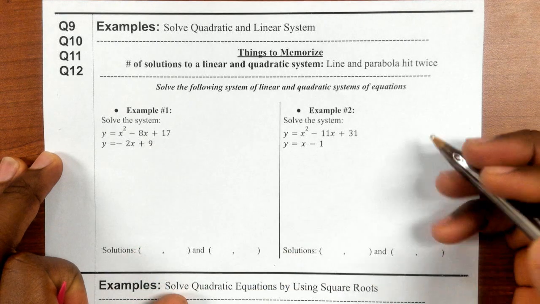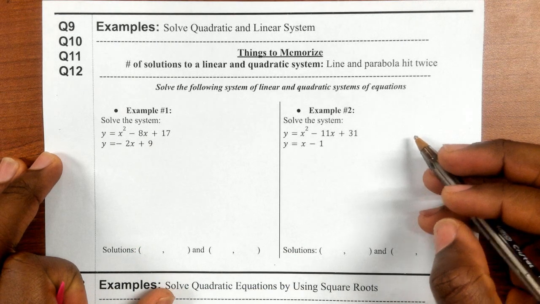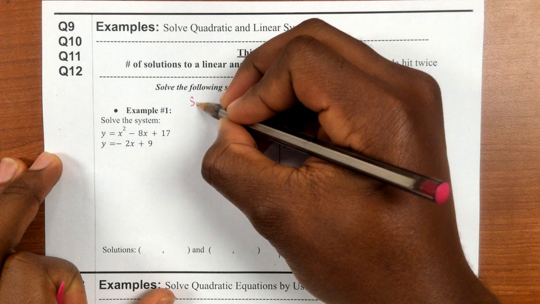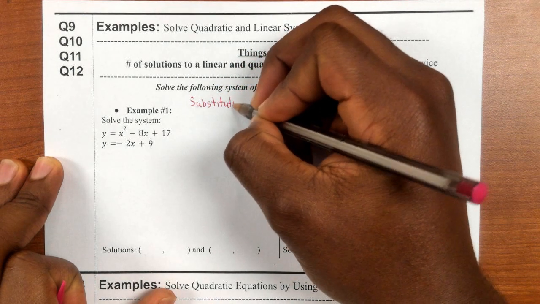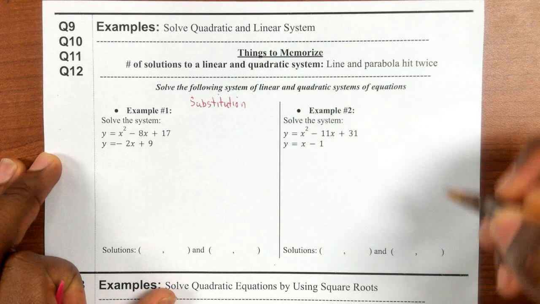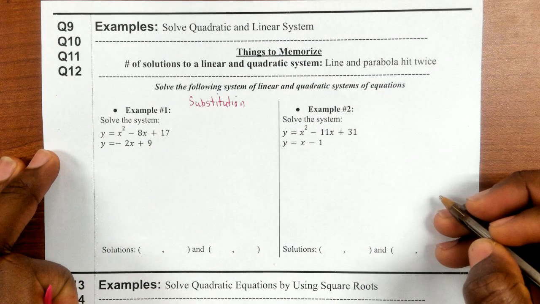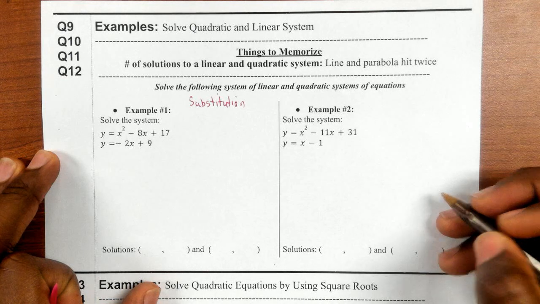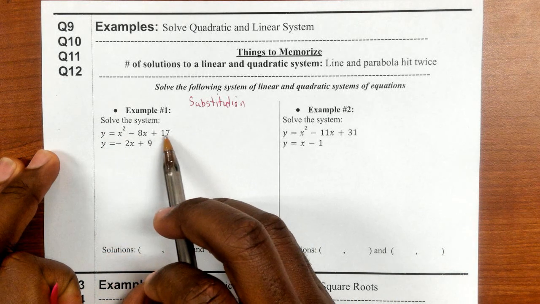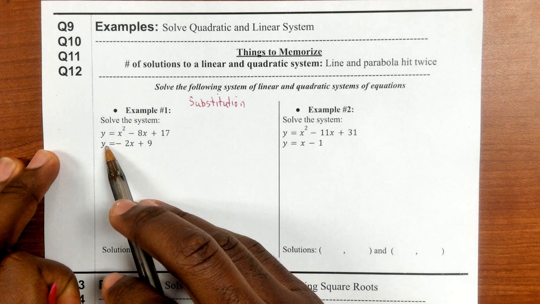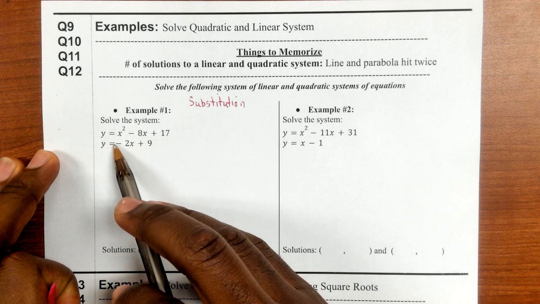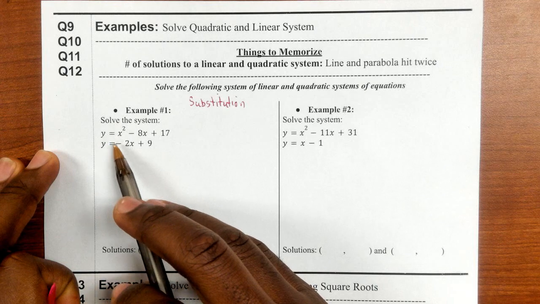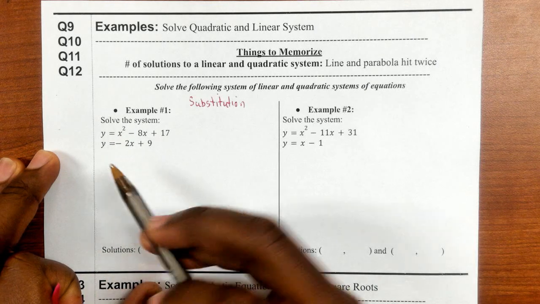Alright? So this is what you're going to do to find the solution. We're going to use a method called substitution. Why am I using the method called substitution? Well, because it says y is equal to here, and then it also says y is equal to here, I can replace the y with each of these equations.